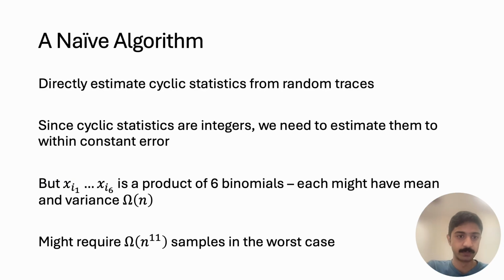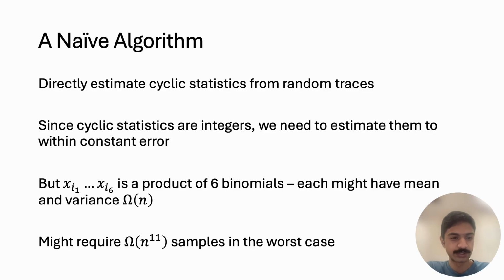So the naive first approach is to just estimate the statistic from cyclic statistics of traces in the natural way. Since the original sequences x and y are both integer sequences, we need to estimate the cyclic statistics to within constant error. Anything less than, say, 1/2 will do. But these estimators could potentially be quite noisy because their variance is high.